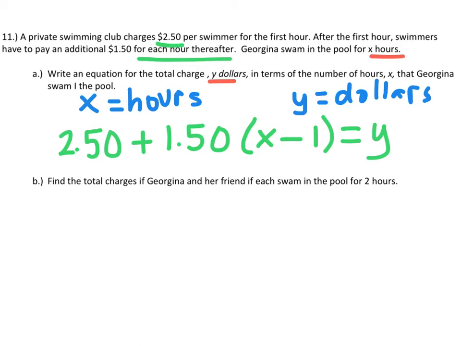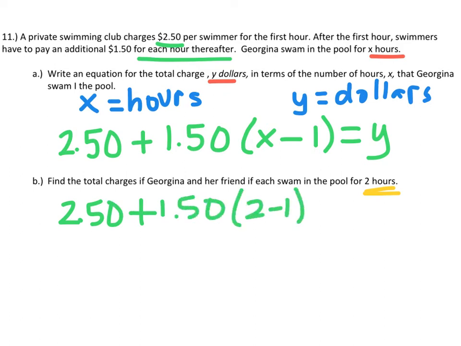For part B, we're going to find the total charge if Georgina and her friend each swam in the pool for 2 hours. So if we solve this equation and substitute in 2 for x, we should get the price for one swimmer. So this will be $2.50. Okay, this here is going to be 1.